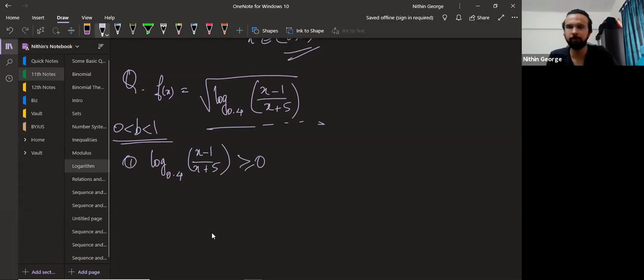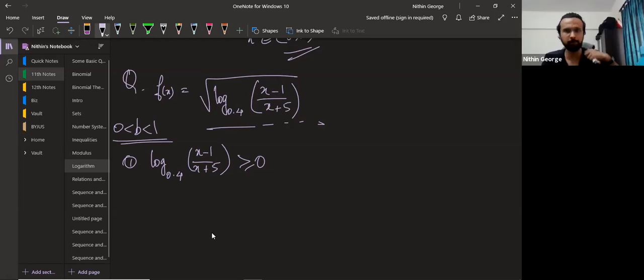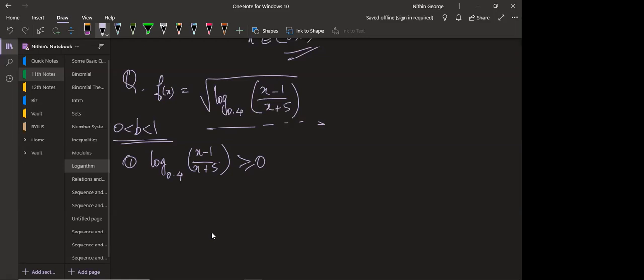Is there any other condition we can extract out of this question by just looking at it? The fraction should be greater than 0 and x should not be equal to minus 5. Beautiful.